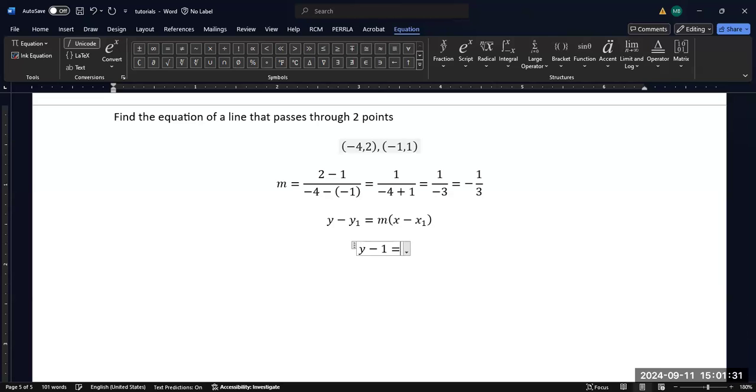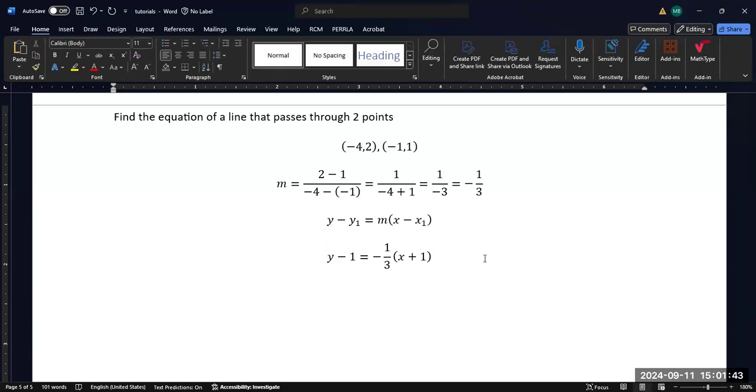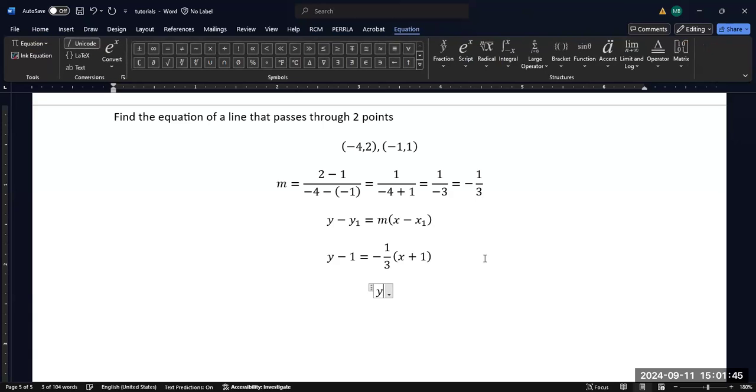y minus 1 is equal to -1/3 (x plus 1), because it's a minus 1 in this point. But as I said, you can use either point that you want because they will get you to the same place. Now we distribute: y minus 1 is equal to -1/3 x minus 1/3.